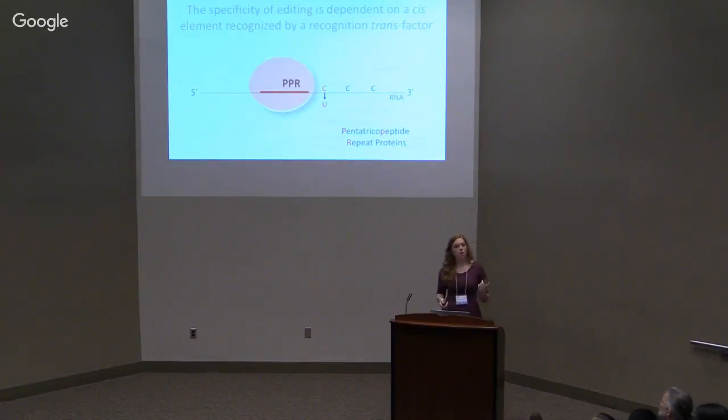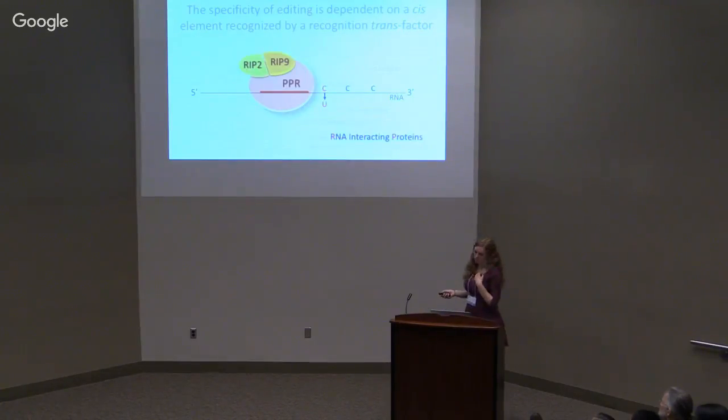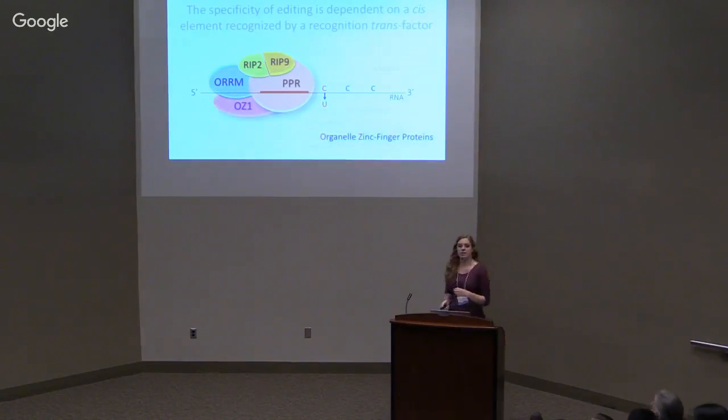This protein then recruits either one or two RNA interacting proteins, which are thought to then recruit one organelle RNA recognition motif protein, ORRM, or an organelle zinc finger protein as well, OZ. Now, not much is actually known about the functionality of these last two families, but knockdown assays do suggest their overall necessity for this editosomal process. And altogether, these four major families make up what we like to call the editosome.